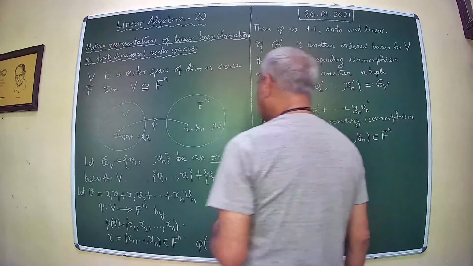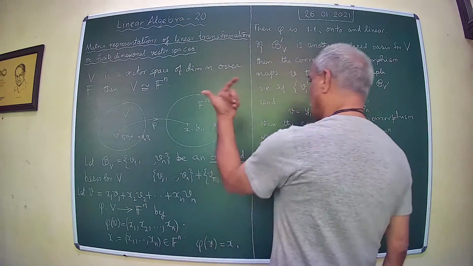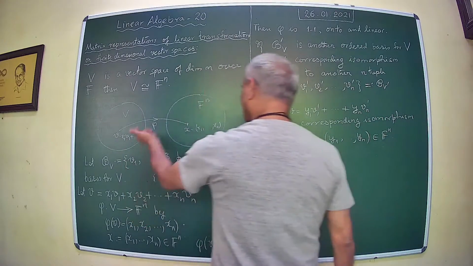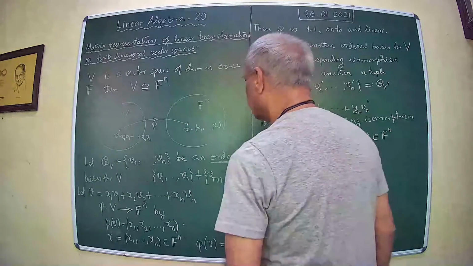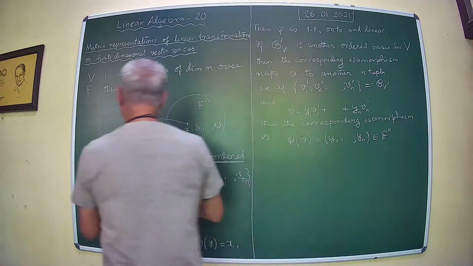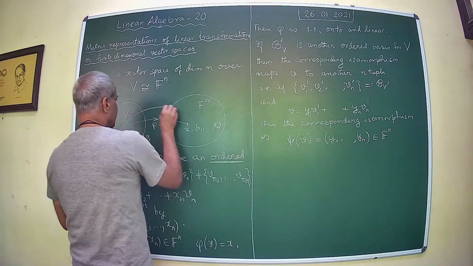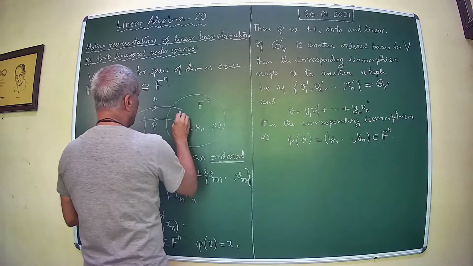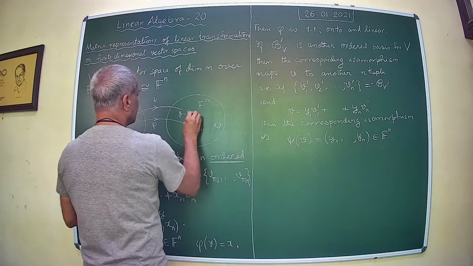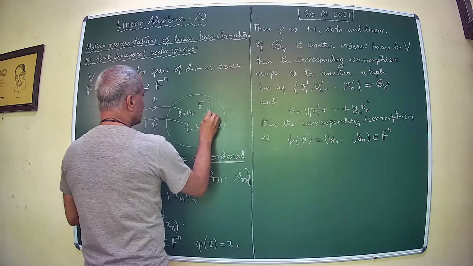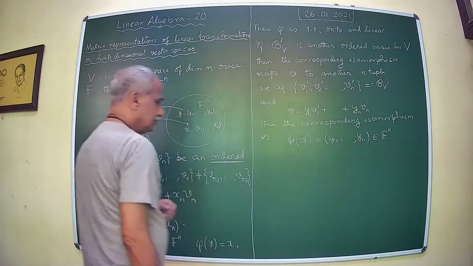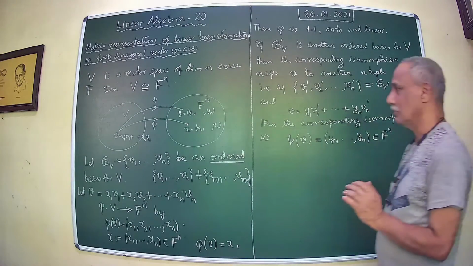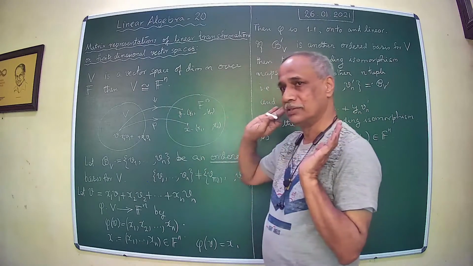So there is another copy of F^n created isomorphic to V through the map phi, with the same element getting mapped to y. Phi and psi are two different mappings.